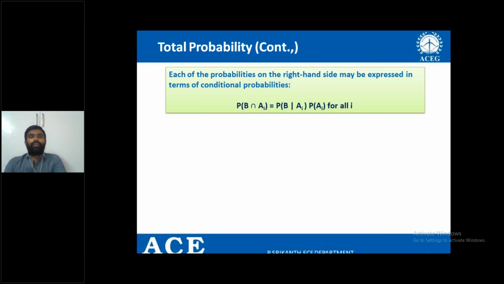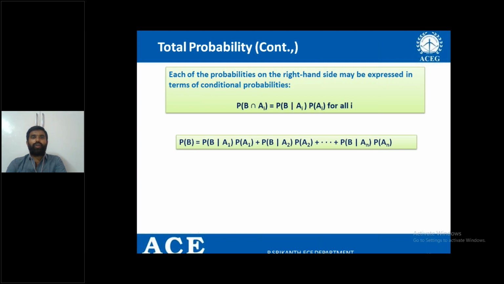Fine. Or else you can also represent the total probability using conditional probabilities. How do you define? We know the relationship between the joint probability and conditional probability. The same can be substituted in the expression of the probability of event B. So therefore, how do you write?